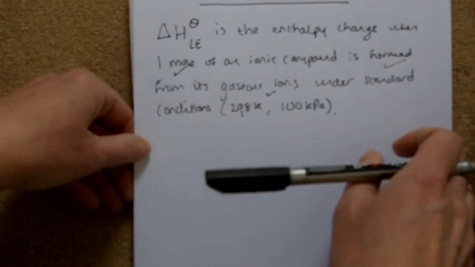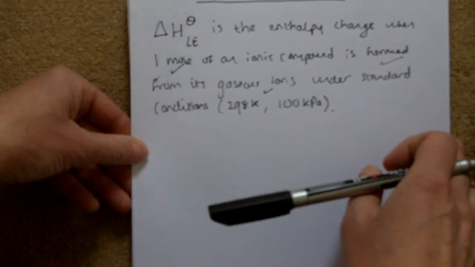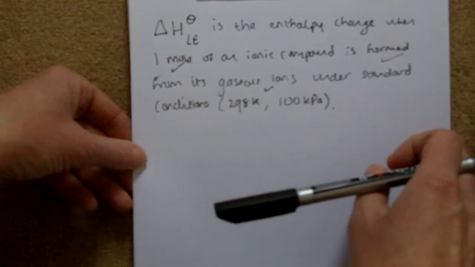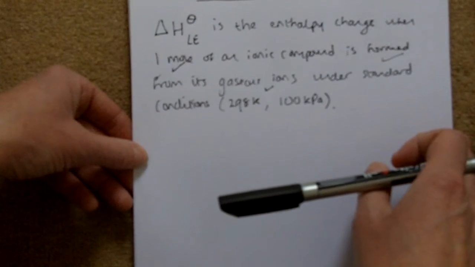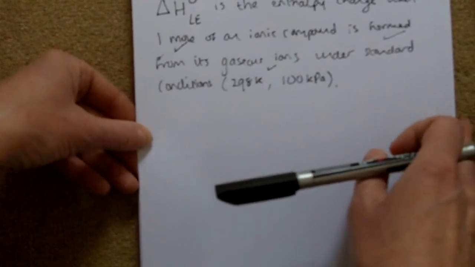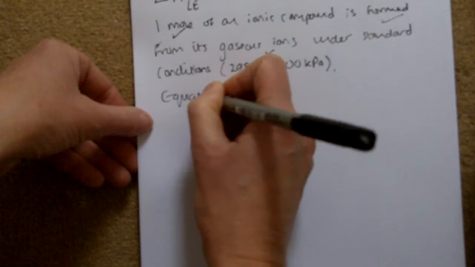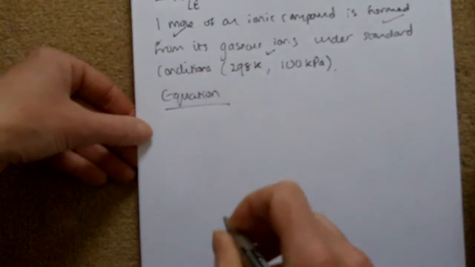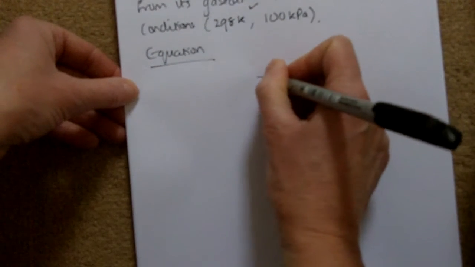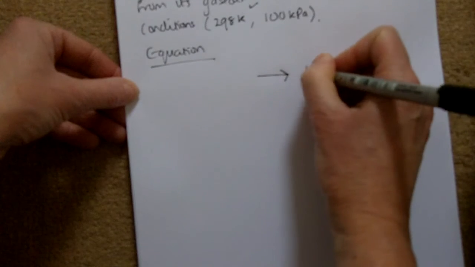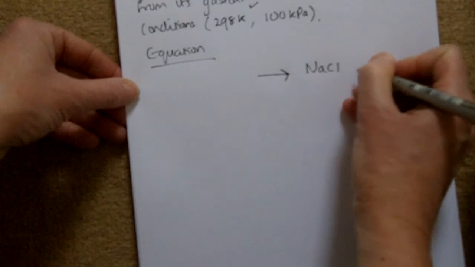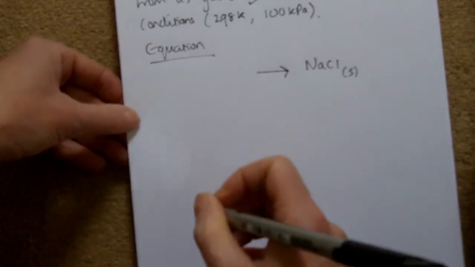Right, so let's have a go at it. If you're asked to write an equation to represent the lattice enthalpy of sodium chloride, what would you write? So it is the formation of 1 mole of ionic compound.